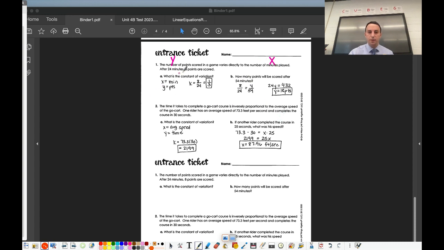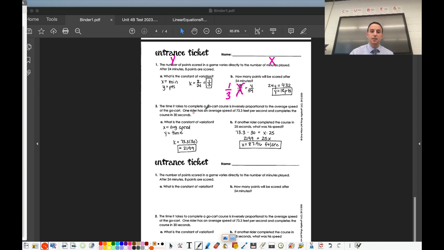So since y is points, because it's the first thing given here, and x is minutes, it's the second thing given here, I get points over minutes. So that's how I get 1/3. They get 1/3 a point per minute. Now, you could also have taken that 1/3 and plugged it in right here as 1/3 instead of 8 over 24, but you could solve it either way. Either way, you're going to get your answer. You're going to get 18 points.